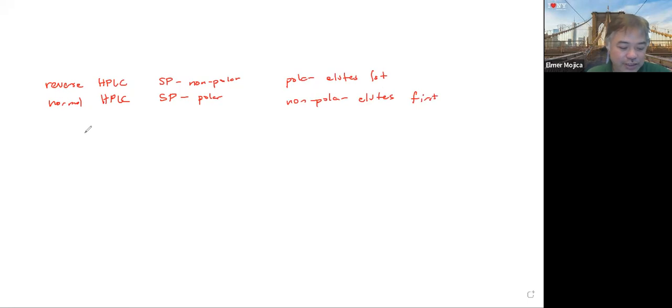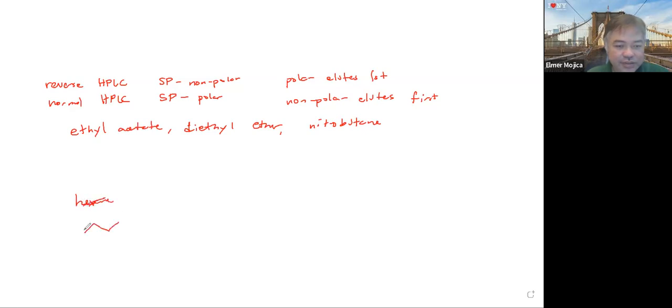So we have the sample that we have here: ethyl acetate, diethyl ether, nitrobutane. Tapos yung isang set naman, hexane. Maybe we can do it like 1, 2, 3, 4, 5, 6.